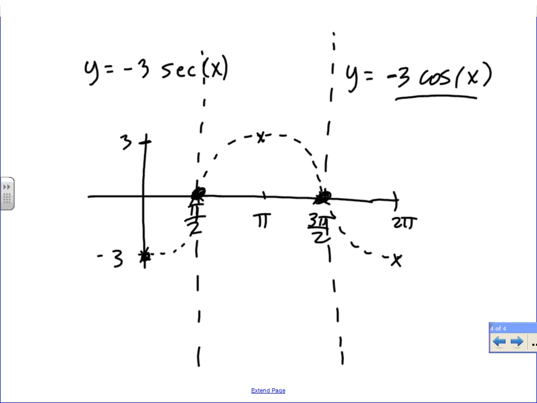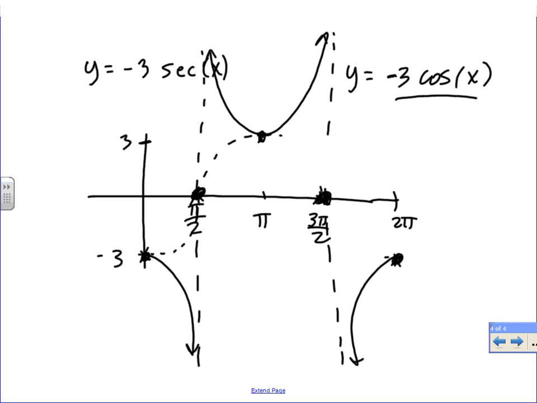From -3, I'm going to chase that line downward. This curve's going to chase those two asymptotes upwards. And then down here, it's going to chase that one downward. And I'm going to go back and erase my cosine curve. Okay, so now there's my secant graph.